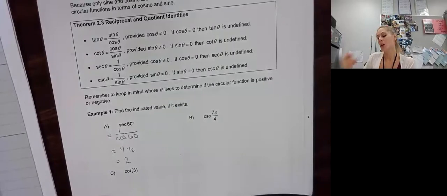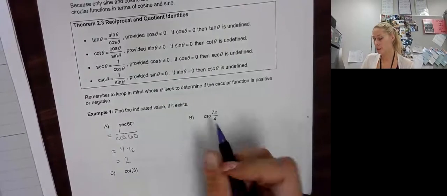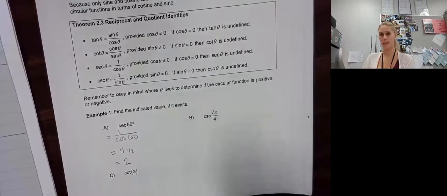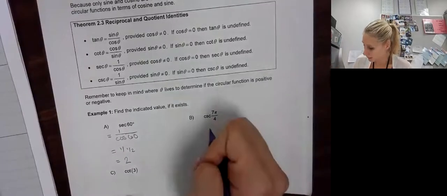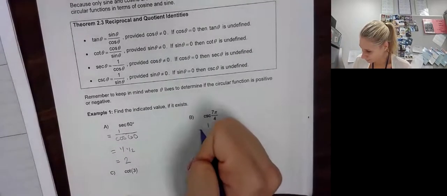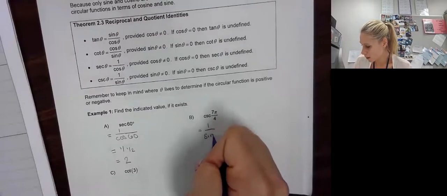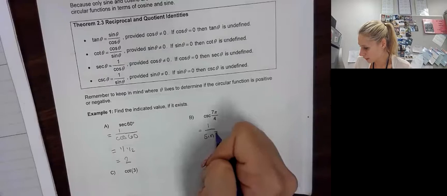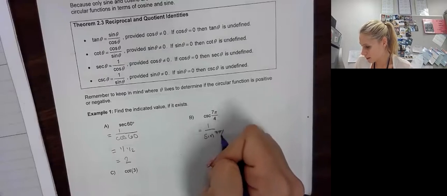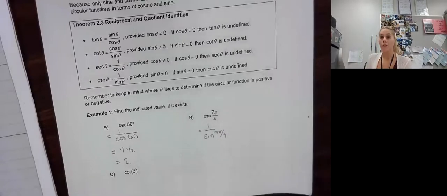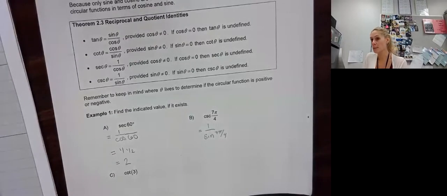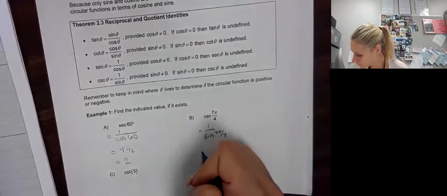For B, cosecant, well, again, not on the unit circle. So let's talk about something that is easily defined. So that's 1 over sine of 7 pi over 4. Well, think of your reference angle, right? 7 pi over 4, the reference is pi over 4, which is the square root of 2 over 2, right?